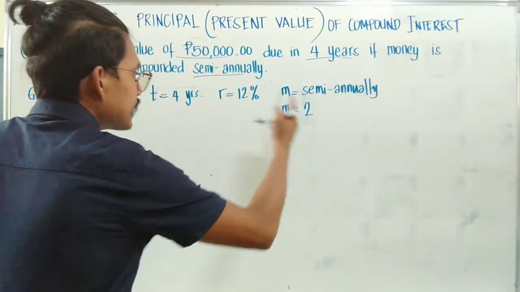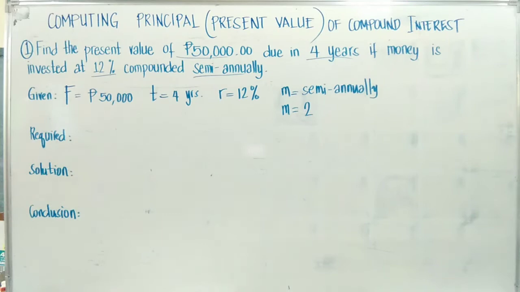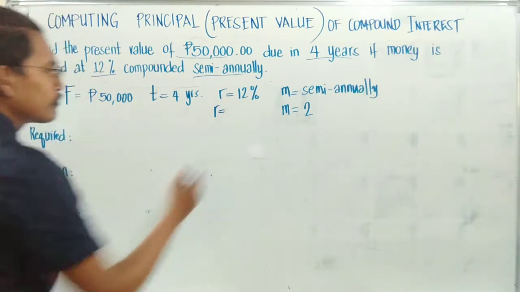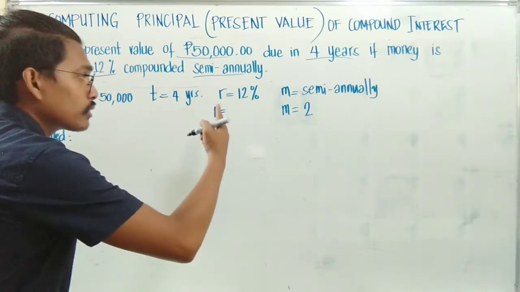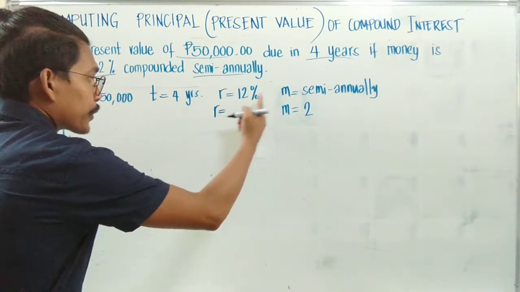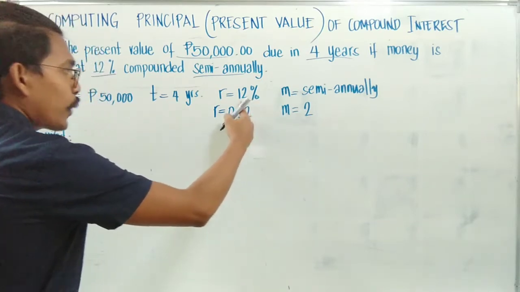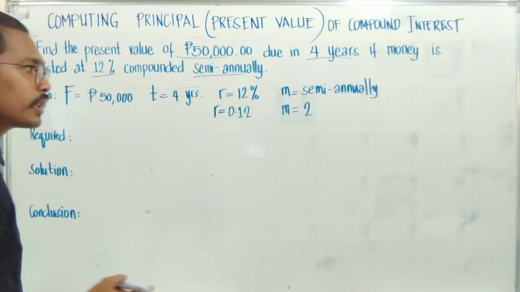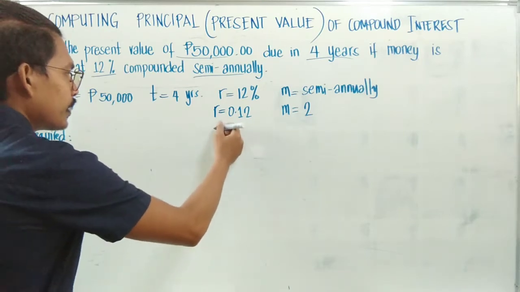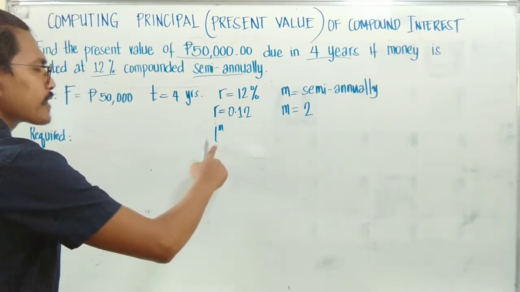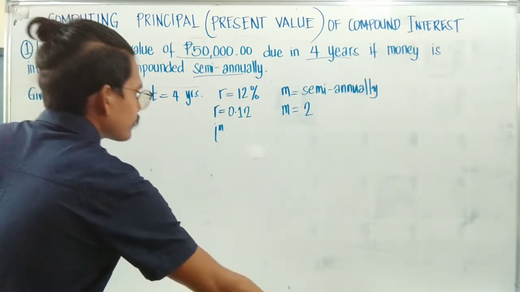So we have 2 in a year. Okay? So before that, let us convert your rate of 12% into decimal. So in converting this thing, 12 divided by 100 is 0.12. Again, in some books, they are denoting R as I raised to N.